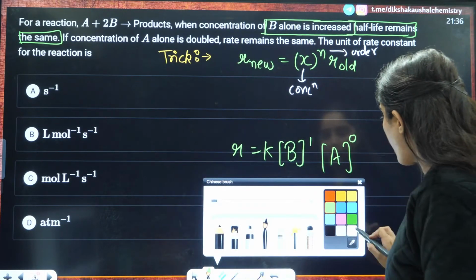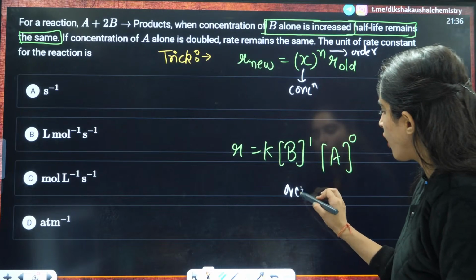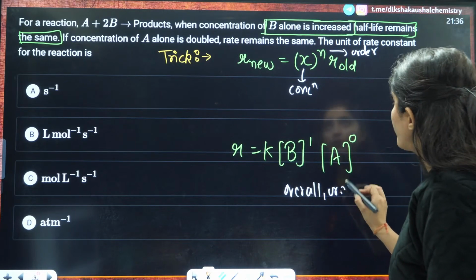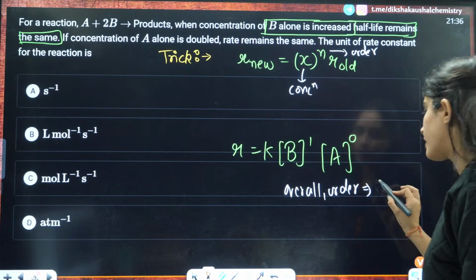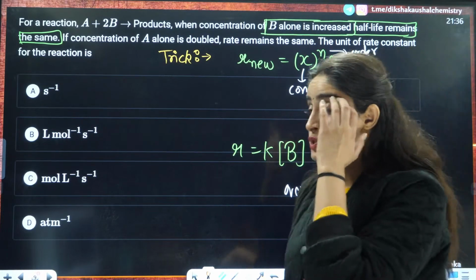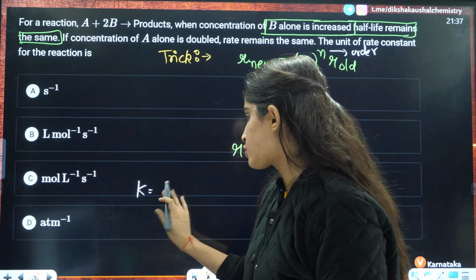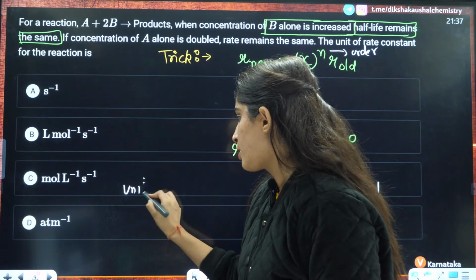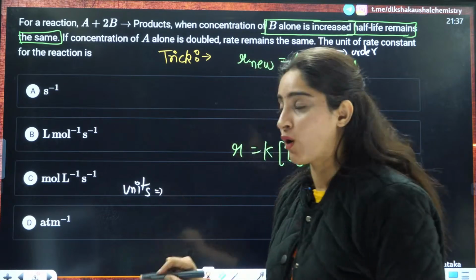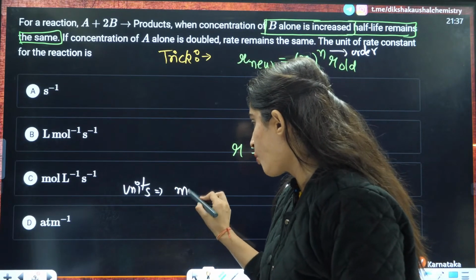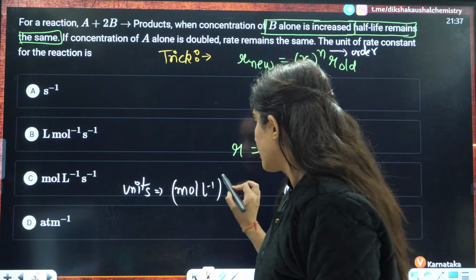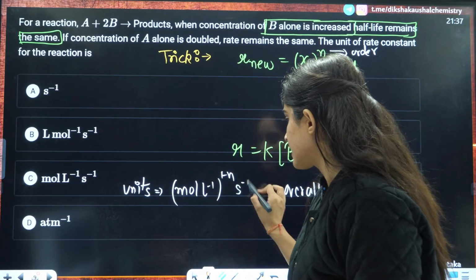So overall order is 1. If overall order is 1, in that case rate units are equal to, see, there are so many steps involved here. Units is equal to mole per liter to the power 1 minus n per second.